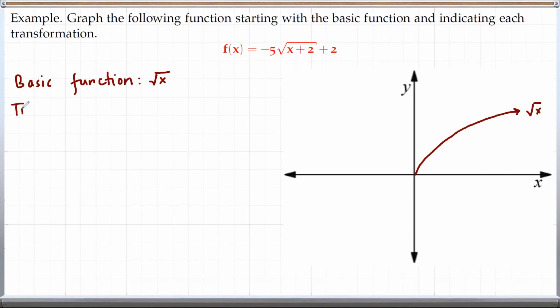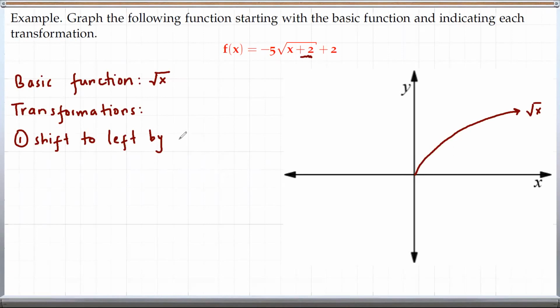And now let's note down the transformations. The first one is given by the number right next to x, which is +2, which will shift the graph to the left by 2 units. Since we have +2, we need to shift it to the left. Next one, we have this 5, which will do vertical stretching by a scale of 5.